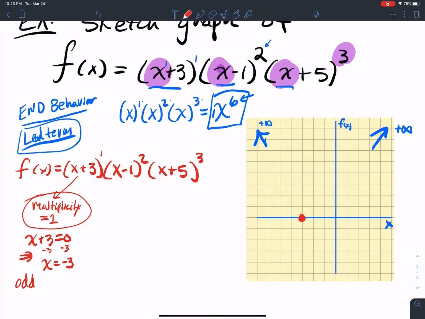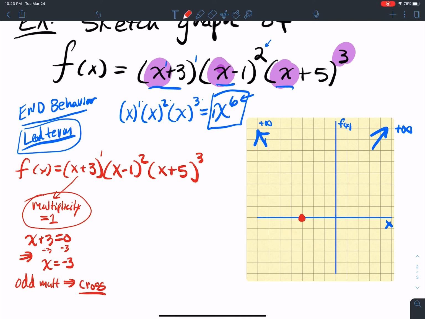Odd multiplicity tells me that I pass through, I cut through, I cross the axis. Okay? I cross the axis. I don't touch, I cross through it.